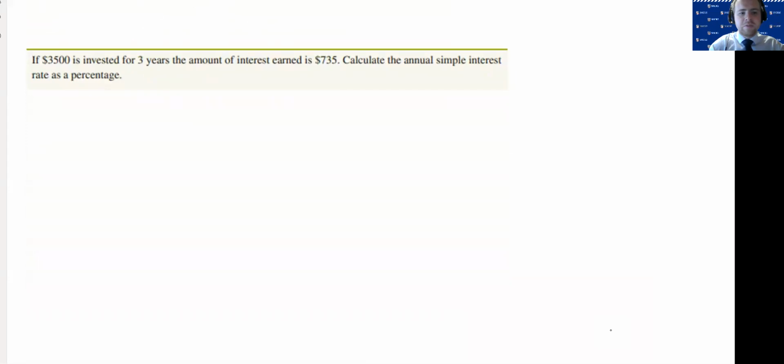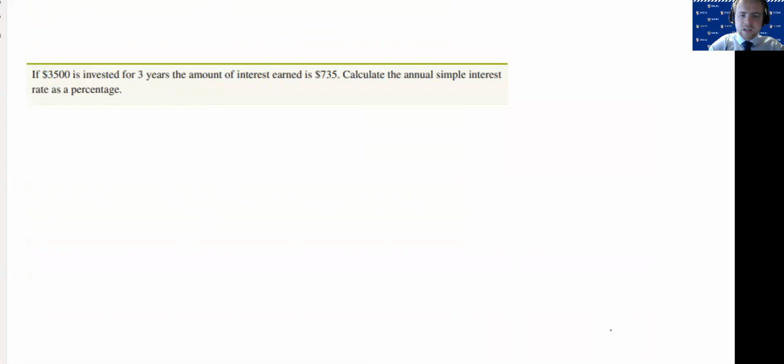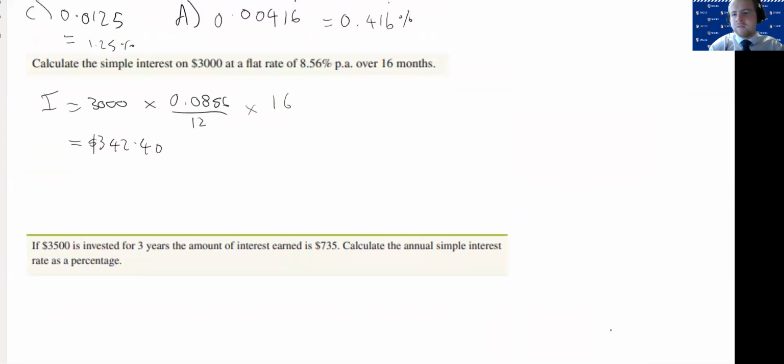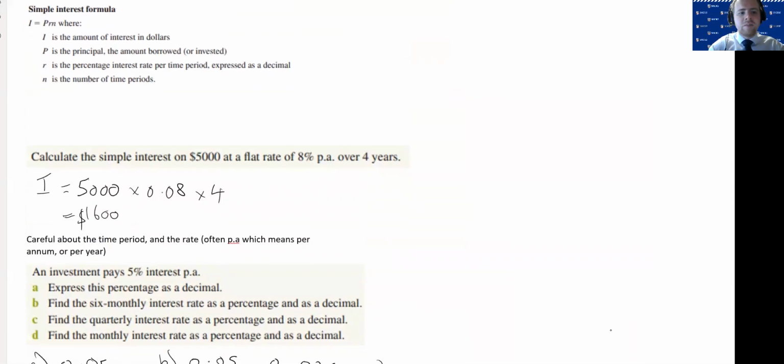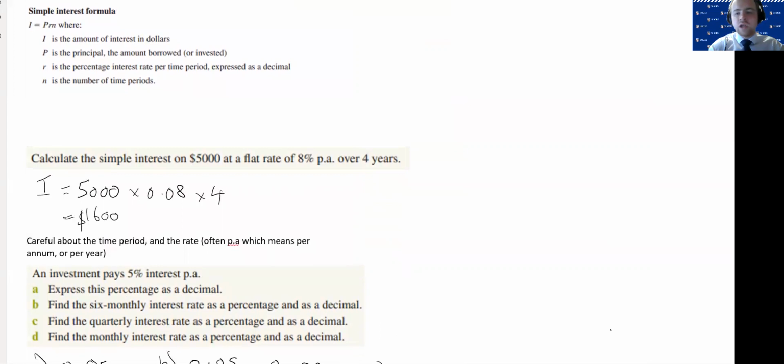Okay, one more example. $3,500 is invested for 3 years. The amount of interest earned is $735. So this is a classic switcheroo with any formula question in standard maths. Okay, we're given a formula, I equals PRN, but you could be given any 3 out of those 4 pieces of information and then rearrange it to find the missing one.